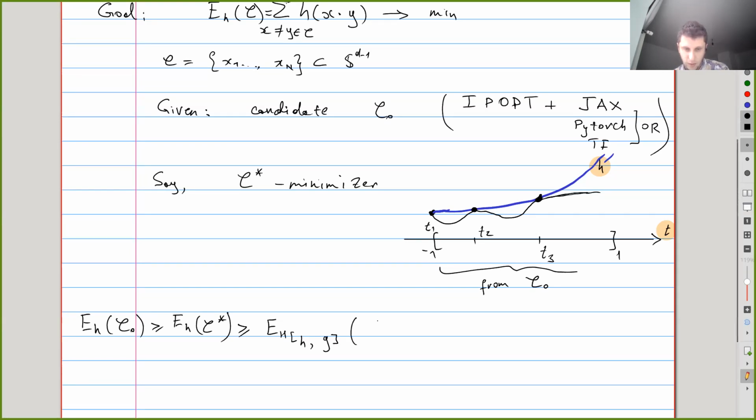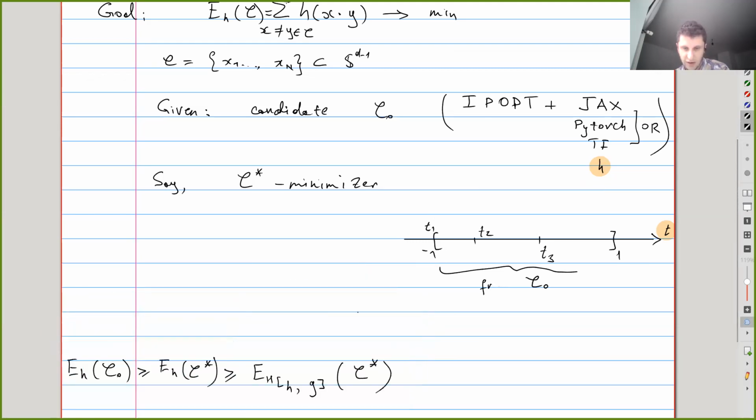Right, so that's what we hope to say. And so here it is in black, the Hermite interpolant of H at points given by G. And so G here is just an auxiliary object. I'll tell you what G is, and then I'll explain why.